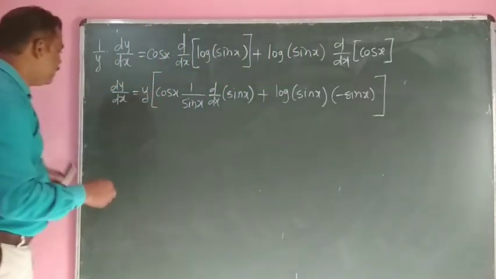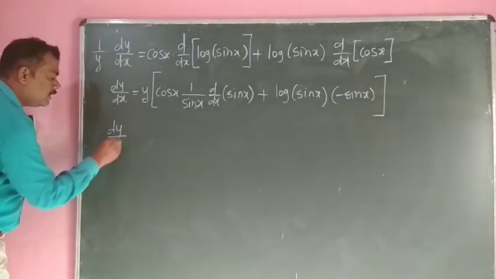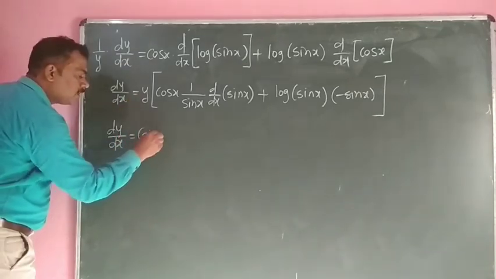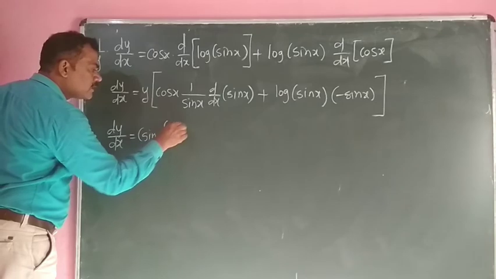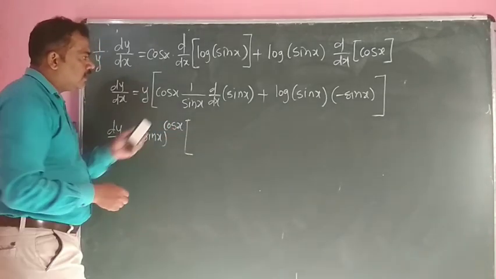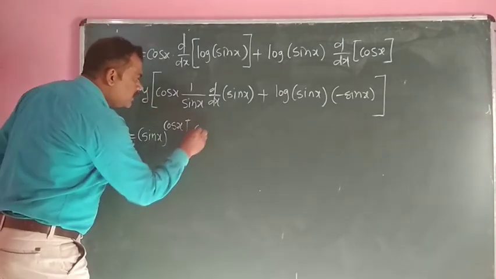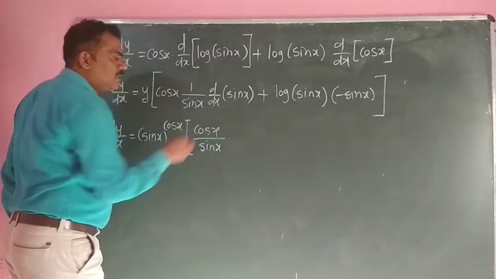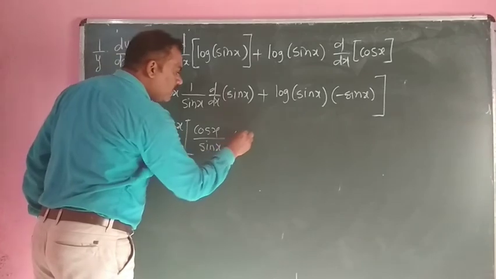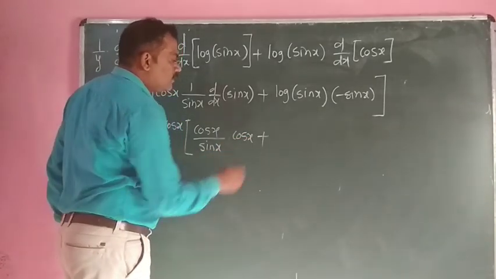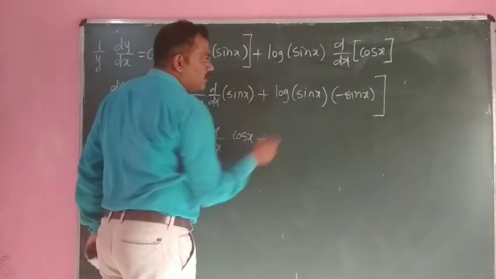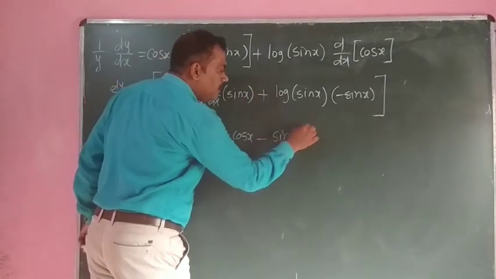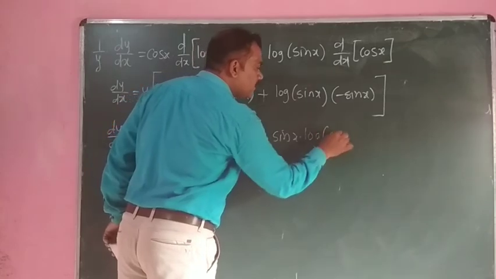So that what we have to get, dy by dx is equal to, we have to substitute the value of y, sin x raised to cos x into cos x divided by sin x into differentiation of sin x is nothing but cos x, plus minus this minus and this plus gives minus sin x into log of sin x.